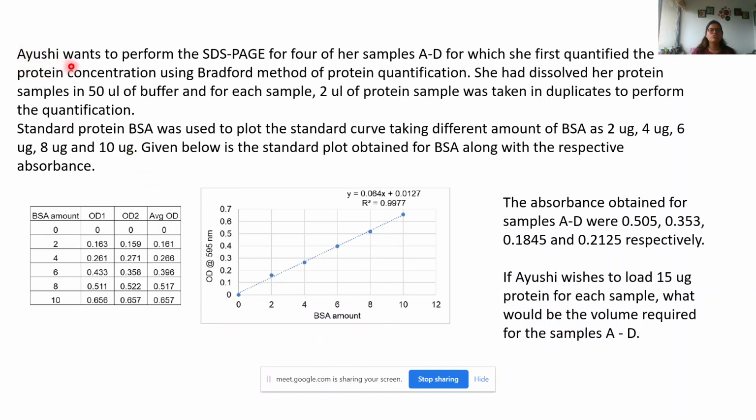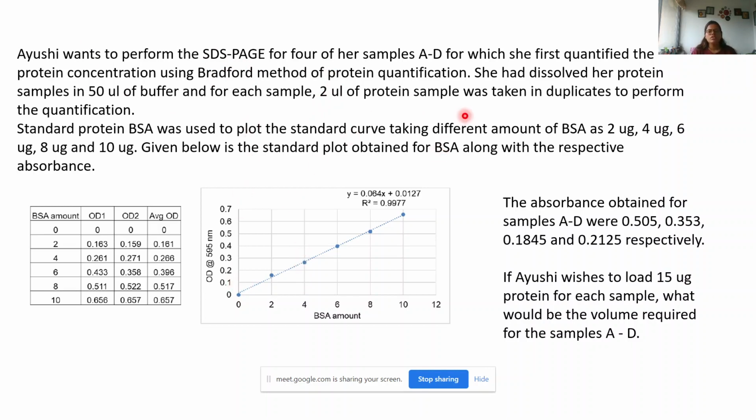Ayushi wants to perform SDS-PAGE for 4 of her samples, A to D. She had 4 protein samples, A to D, for which she first quantified the protein concentration using the Bradford method of protein quantification. She is using the Bradford assay for her protein quantification.